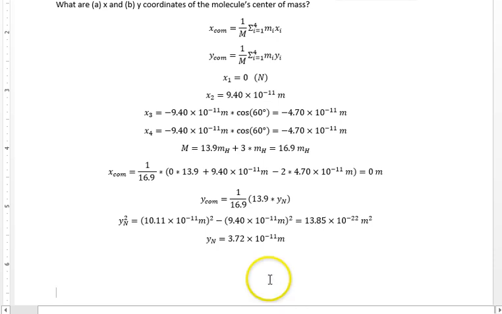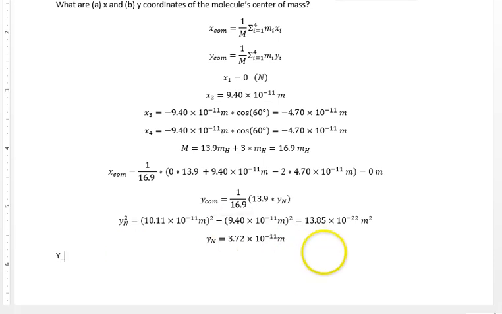Okay, so now we're back to our y center of mass equation. We have the y center of mass is 1 over 16.9 times 13.9 times 3.72 times 10 to the minus 11 meters.